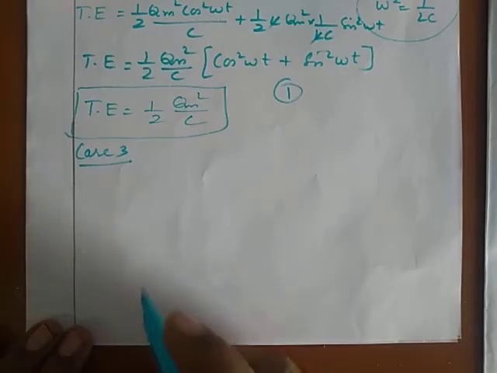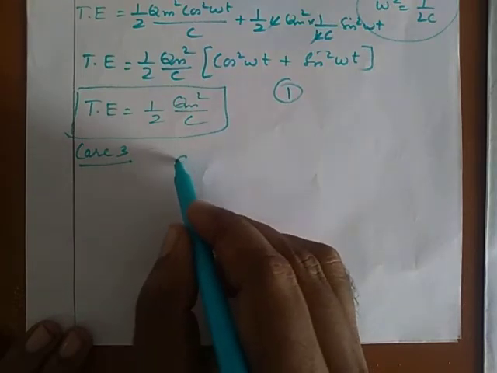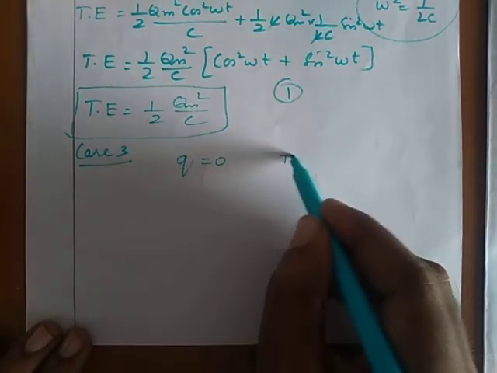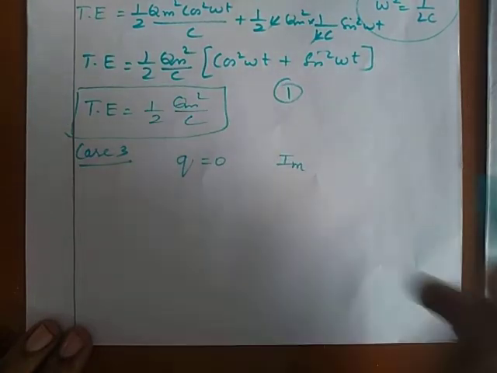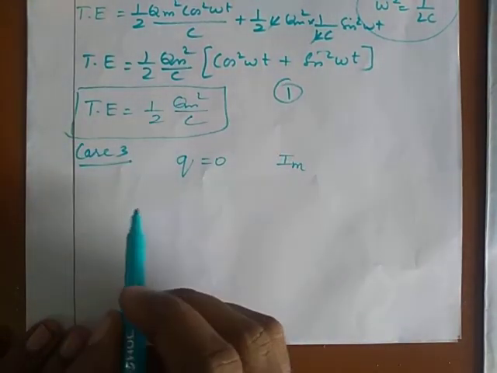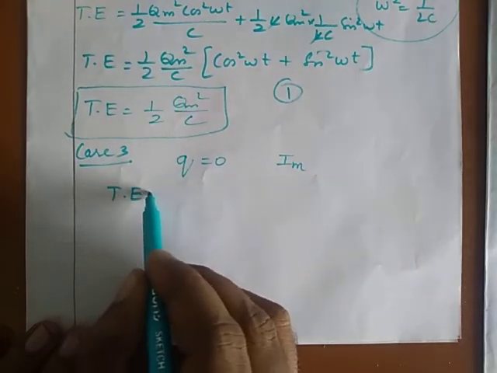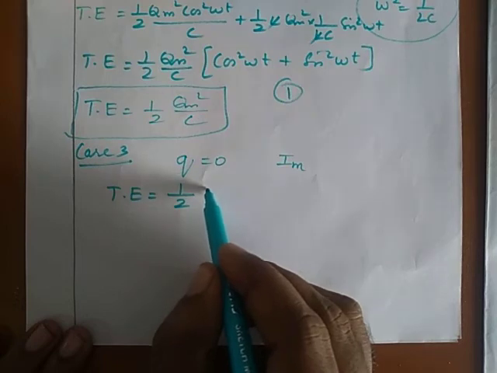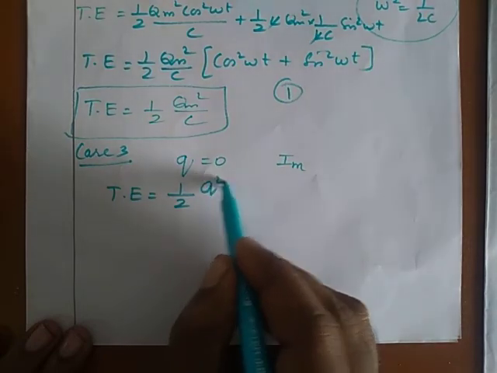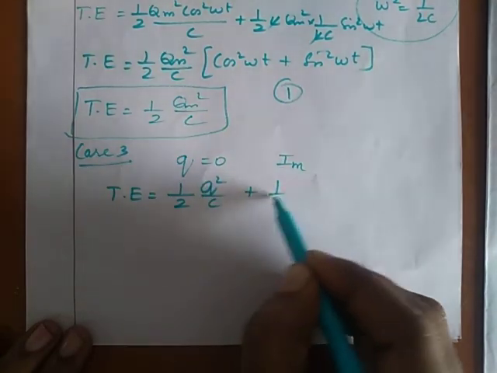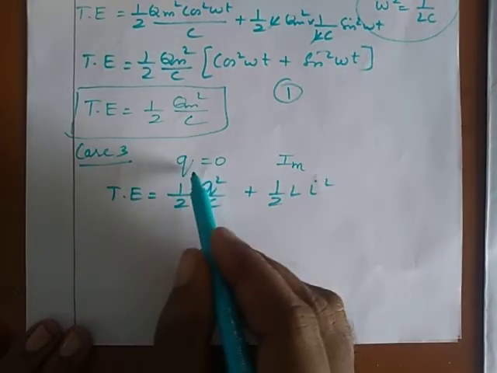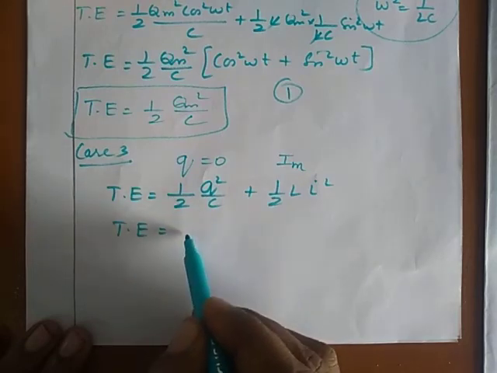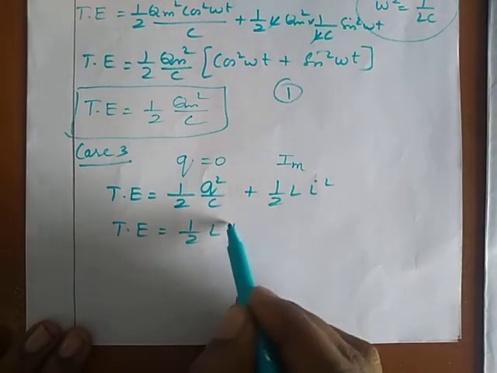Then for case 3, the charge on the capacitor is 0 and the current in the inductor will be maximum. So the total energy can be written as 1 by 2 Q square by C plus half L I square. Substituting the Q value and the Im value, the first term will be 0, then half L Im square.